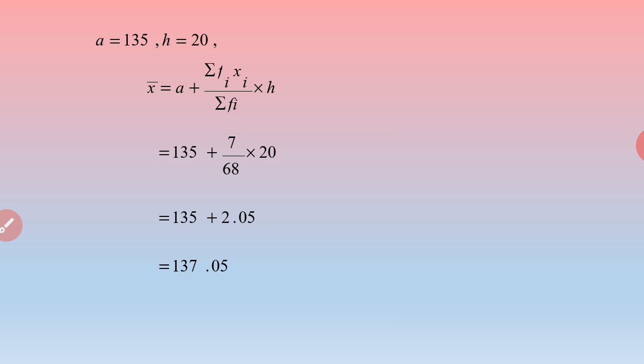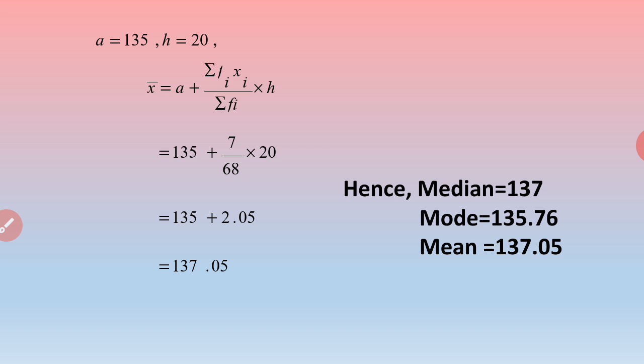The next step is noting down the formula and substituting the values in it. Here the mean comes out to be 137.05. Now this is the list of all the three values of the central tendency.